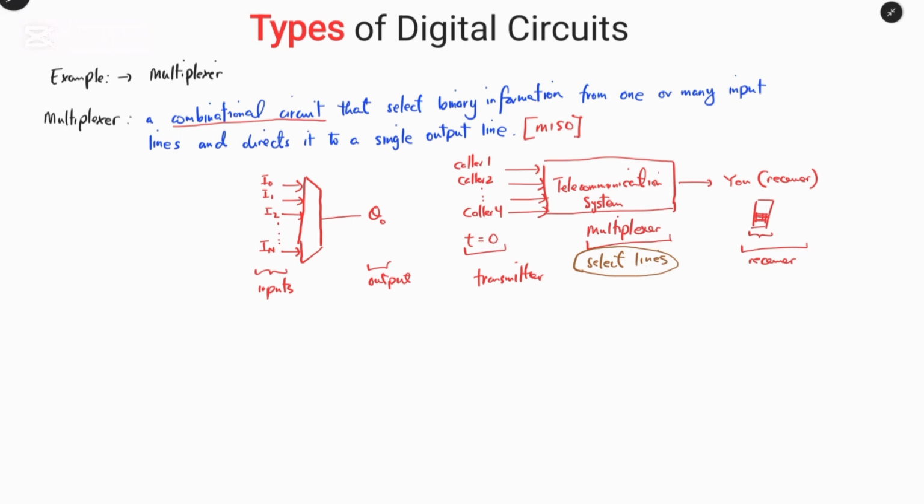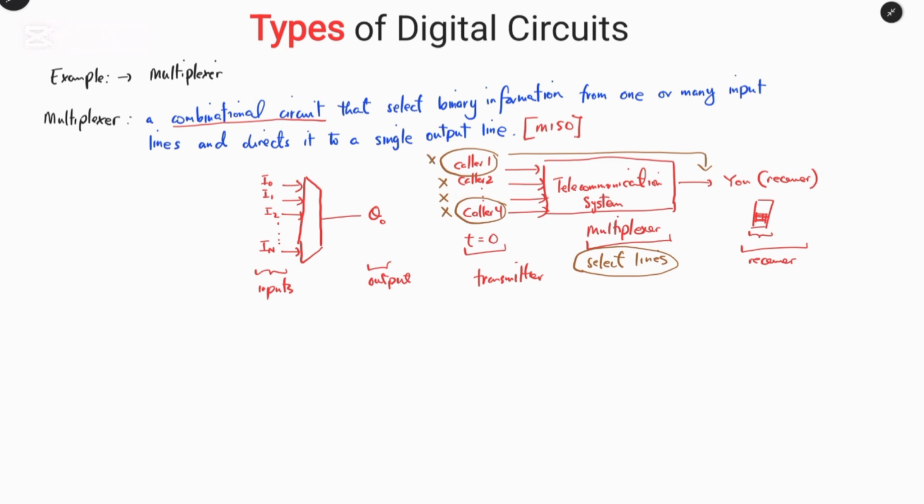So depending on the select line, it may select caller 1 to allow transmission to your mobile phone, while it disallows caller 2, caller 3, and caller 4. Or it can select caller 4 while it disallows caller 1, caller 2, and caller 3.